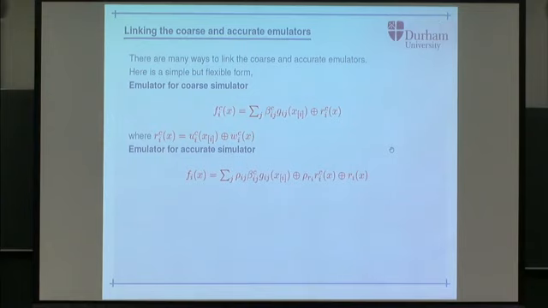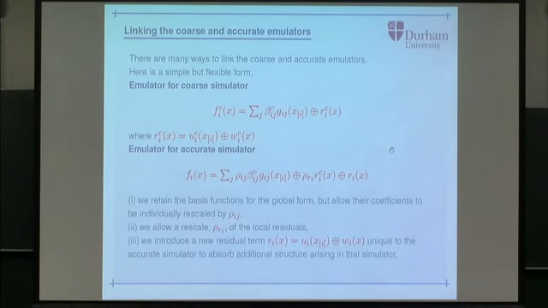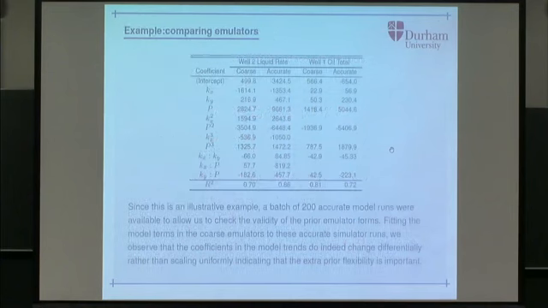Again, there's a lot of flexibility, but we allow ourselves to rescale each one of the regression coefficients individually. We rescale the residuals, and we introduce a new process to soak up everything that's new on the fine simulator. Obviously, there are many ways you can do this, but we find that's quite a nice flexible way.